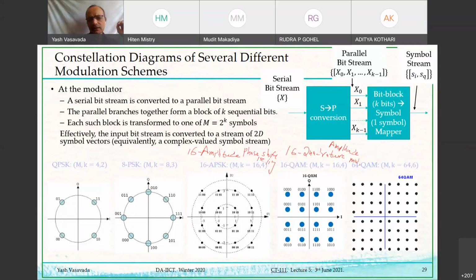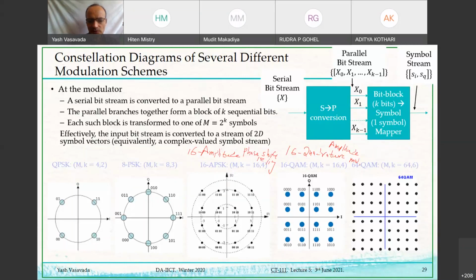Now in the engineering design, we have to be careful about certain design parameters. So remember, I had defined earlier the transmitted energy per symbol. Do you remember what is the definition of the energy per symbol? Amplitude square.